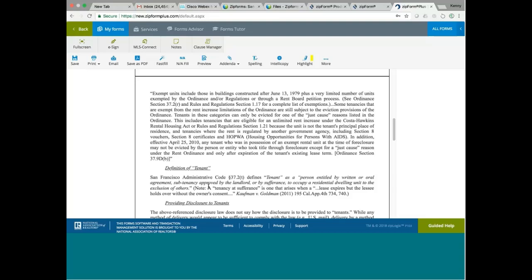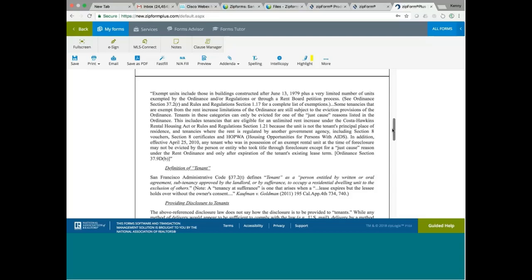So in other words, a tenant does not have to be a paying tenant to qualify as a tenant. If you meet this definition, you are considered to be a tenant. So the definition of tenant is very broad. Anybody who is on that property with the permission of the landlord is a tenant. He doesn't have to pay rent.